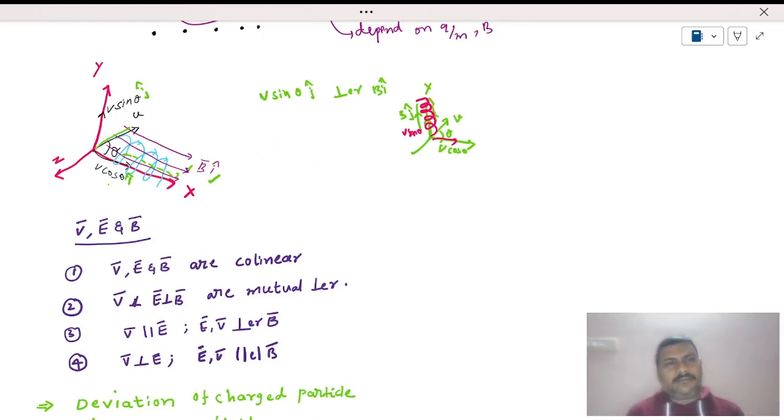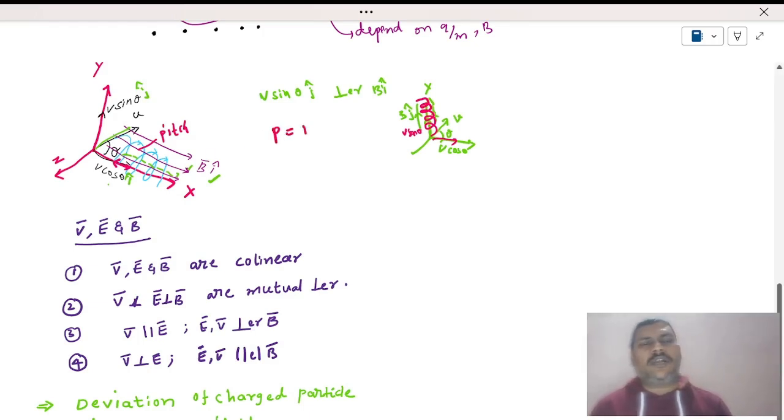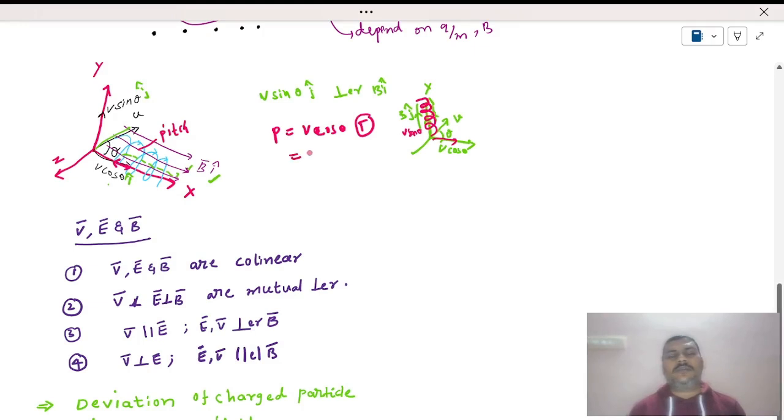The helical path has some pitch, meaning there is some gap from circle to circle. This gap is called the pitch. It is the linear distance between two consecutive positions of a charged particle in the magnetic field. So the pitch is equal to V cos theta into T. We already found T is equal to 2 pi M by QB, so the pitch is equal to 2 pi M V cos theta by QB.